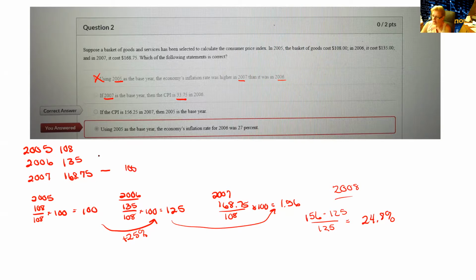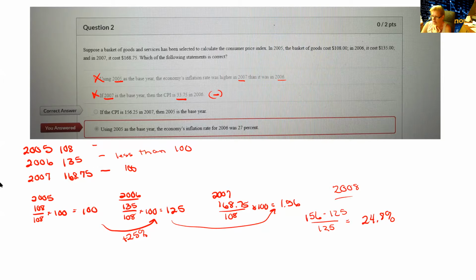That means 2006 would have to be less than 100, and then 2005 would have to be less than 2006. So if 2007 is the base year, this would have to be a negative number, and it's not. So that's not the right answer.